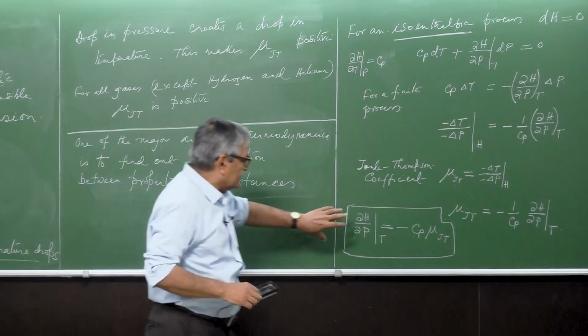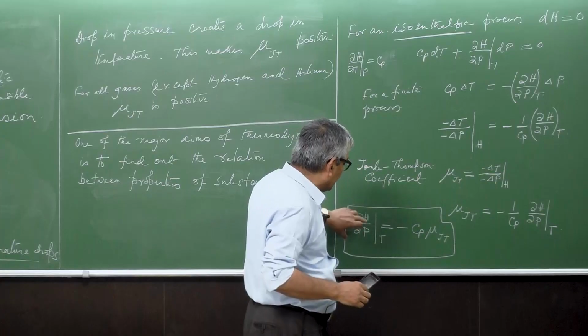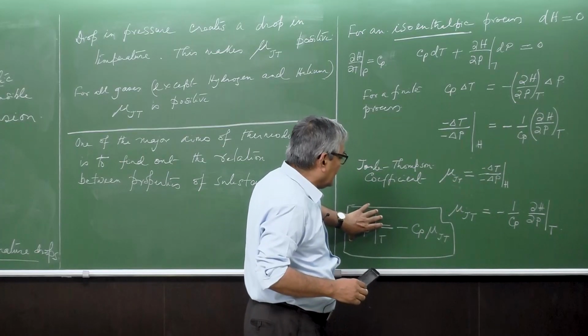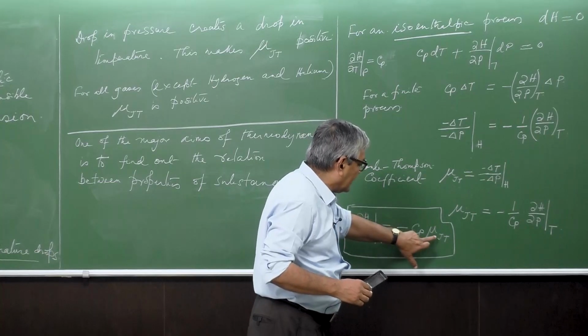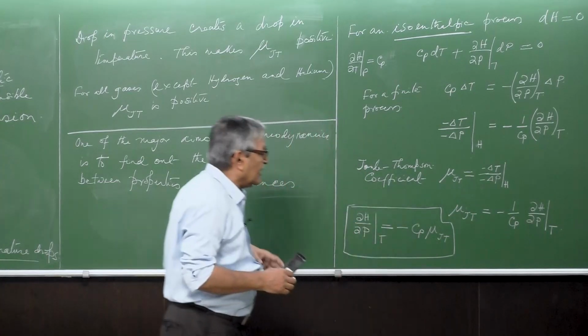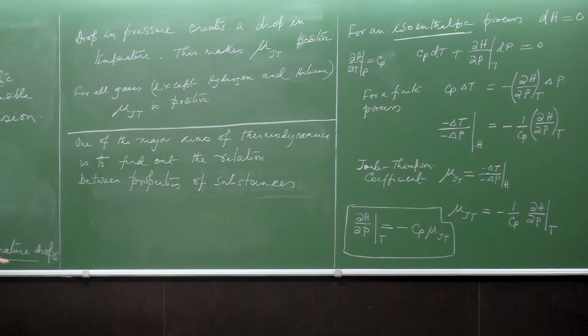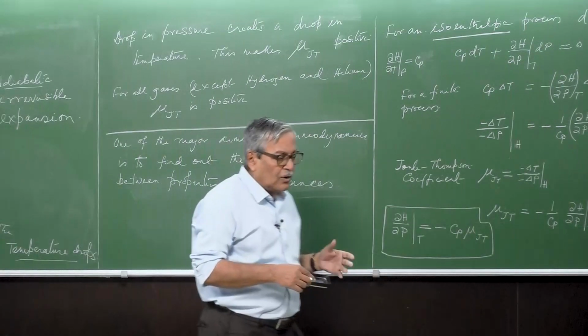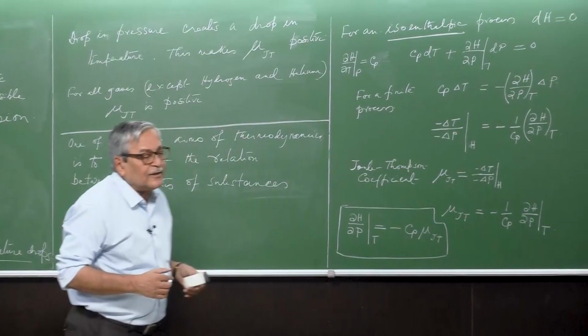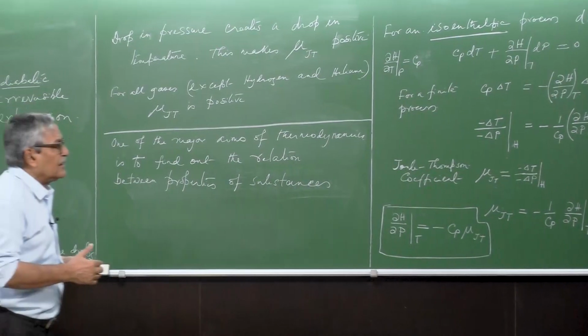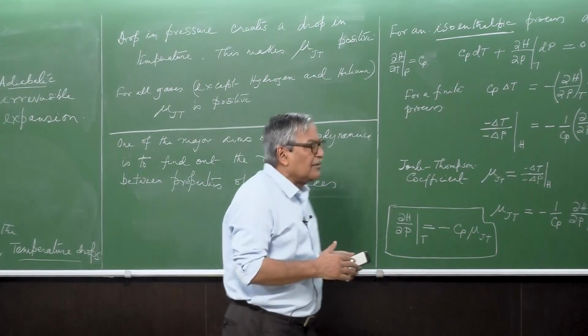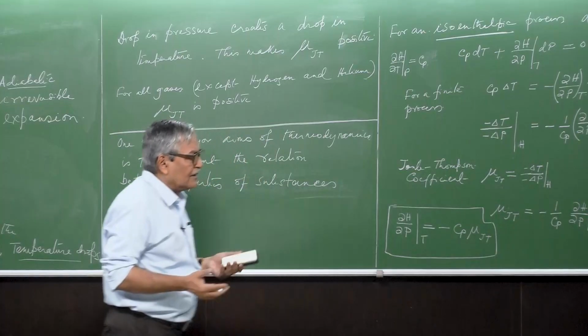So this is a typical example where we see that this is a property. This property is related to Cp and the Joule-Thomson coefficient in this way. There may be other relations which are consequences of this first law. We'll try to move forward to discuss some of these relations, and they are actually important for many purposes and have practical uses.